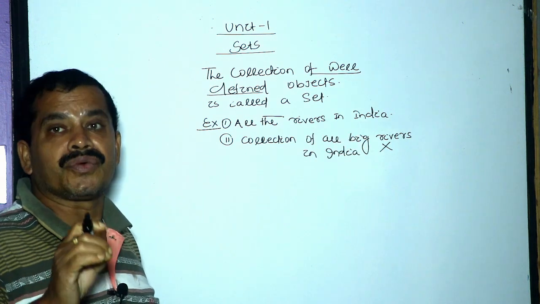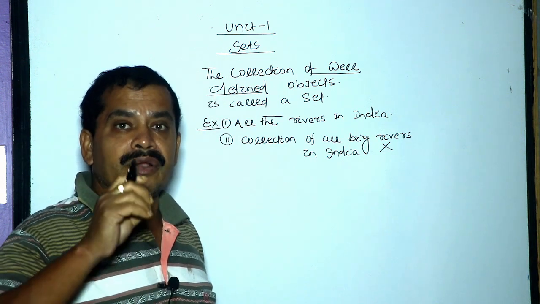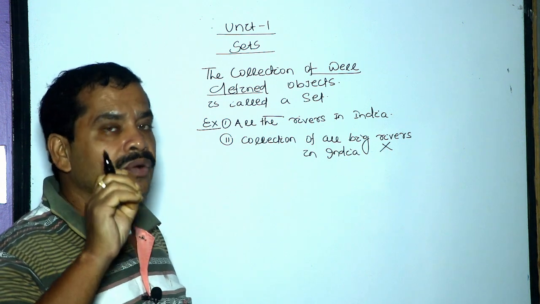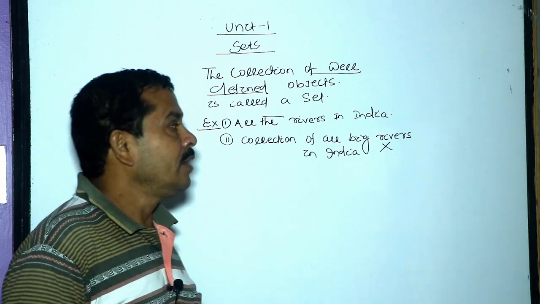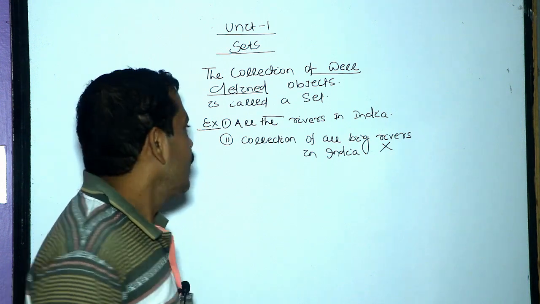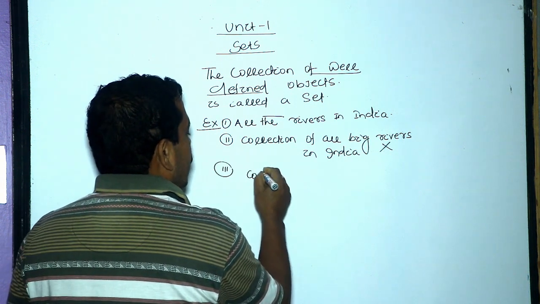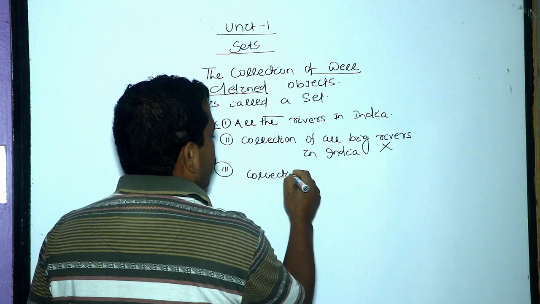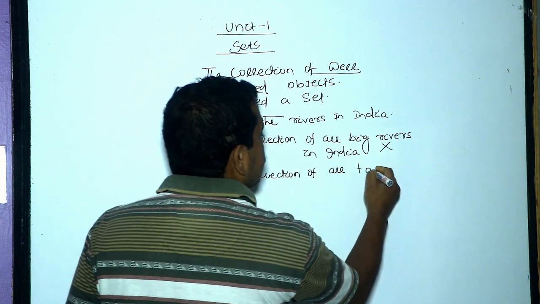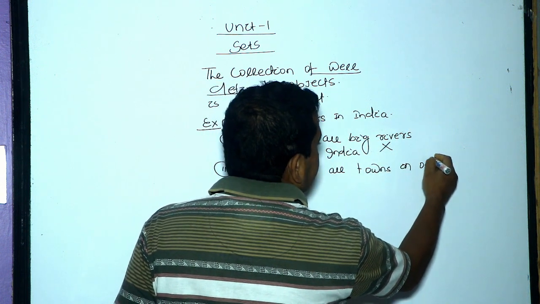Suppose all the students in your class is a set, but all the good students in your classroom is not a set, because the word good is not well defined. The collection of well-defined objects is called a set. Suppose collection of all towns in Odisha.